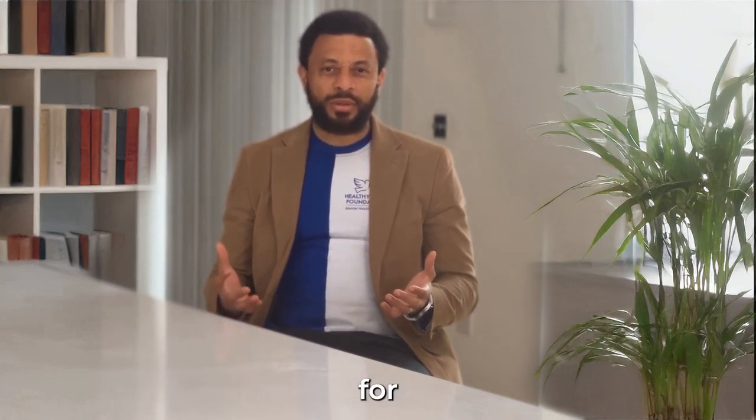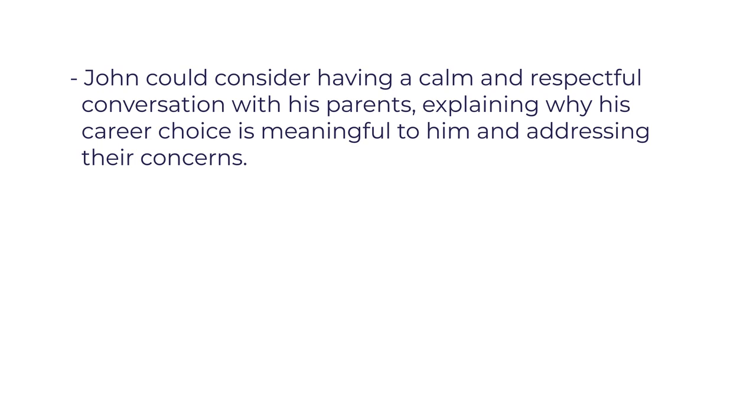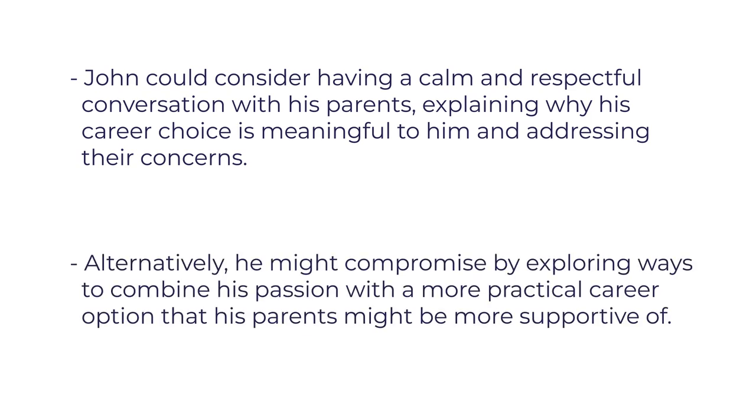For example, for the career choice issue, John could consider having a calm and respectful conversation with his parents, explaining why his career choice is meaningful to him and addressing their concerns. Alternatively, he might compromise by exploring ways to combine his passion with a more practical career option that his parents might be more supportive of.